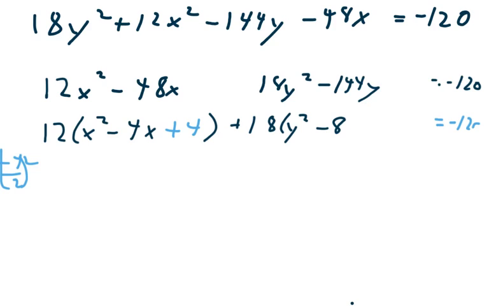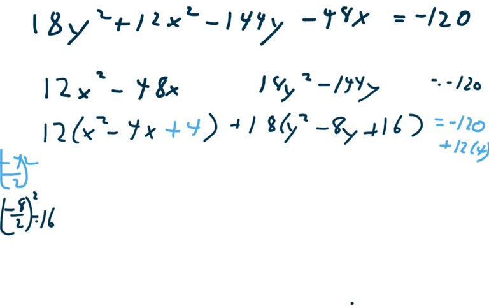So to my negative 120, I'm going to add 12 times 4. And then there was supposed to be a y here. Negative 8 divided by 2 squared is 16. So I add 16 here, and I'm going to add 18 times 16 over here.